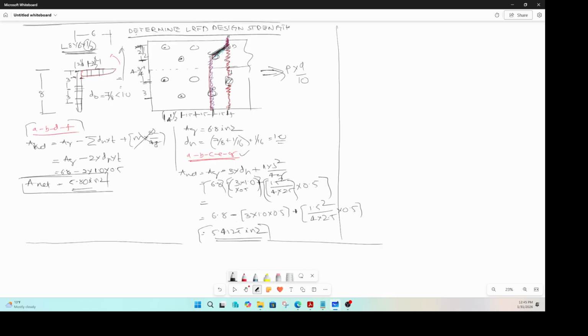Because this particular bolt is taking 1/10 of the load. There are 10 bolts here, each bolt is taking 1/10 of the load. Since this bolt is not included in that path, that particular path only gets to see 9 by 10 of the load.